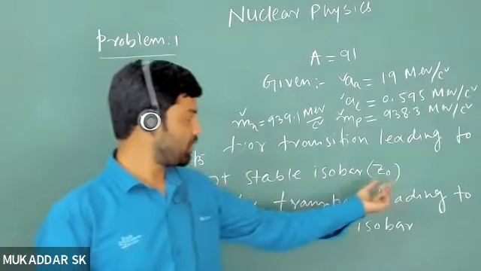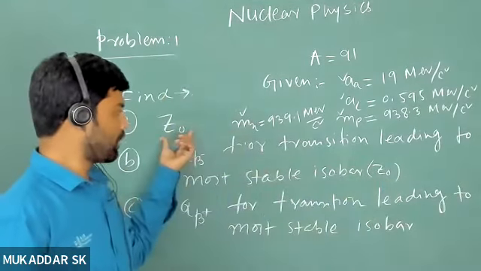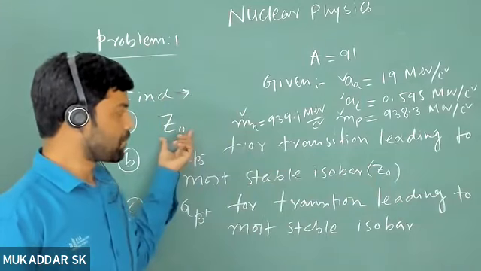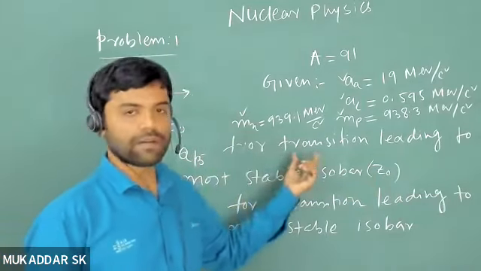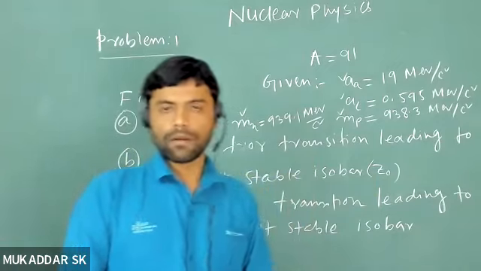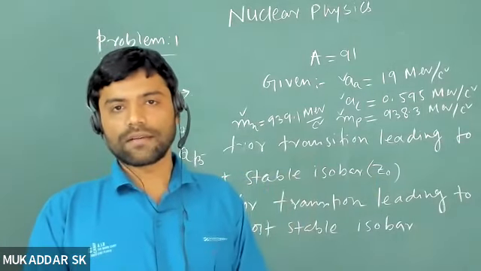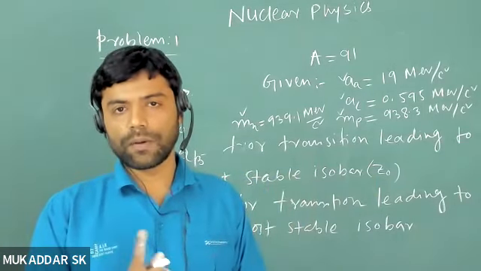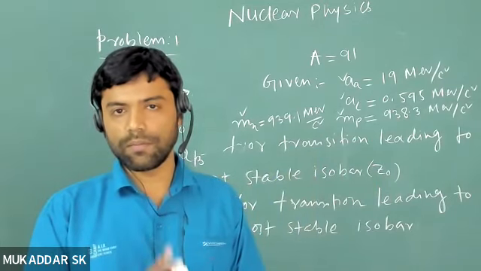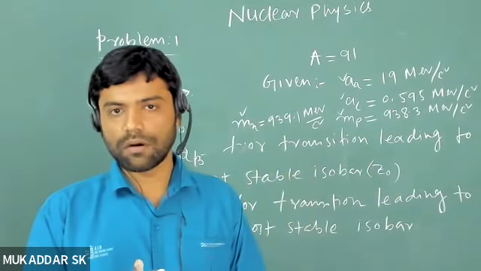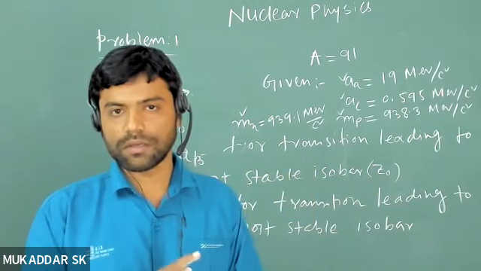So first, if I calculate Z0 from here, then I can guess the value of Z, because to calculate the energy release in beta minus decay, you need two parameters. Z, the atomic number of the parent, and Z0, the atomic number of the most stable nucleus.